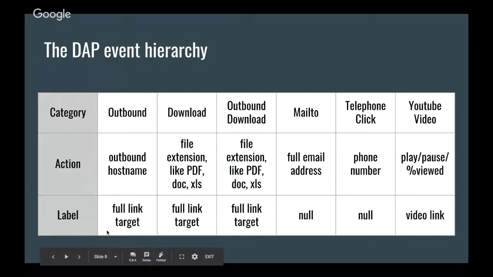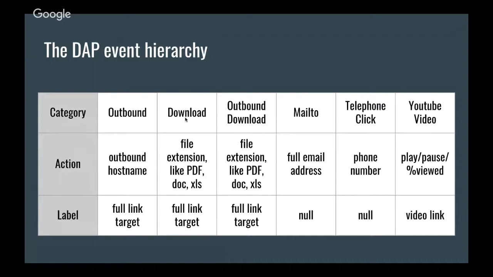The label would be the full link target. So that might be opm.gov/information/contact or whatever it may be. But it would be the full URL. This way, you can separate these into your different categories to say, on our site, we have a lot of links that go to opm.gov, and then you can separate them into each individual link that is posted.